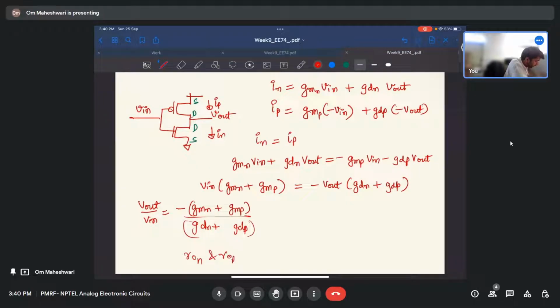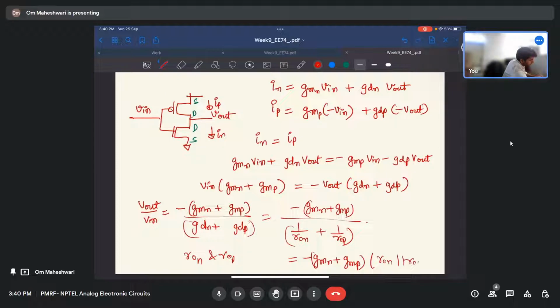So in those terms it will be minus GMN plus GMP over 1 by RON plus 1 by ROP. So it will become minus GMN plus GMP into RON parallel ROP. This is the gain. Okay, so now we have found out the gain.